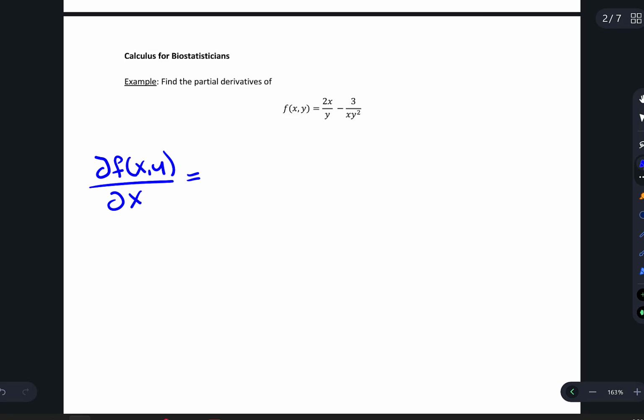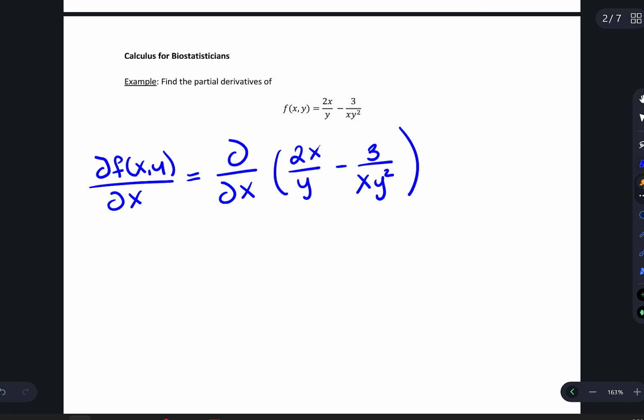Now, when we take this derivative, we're going to treat all variables other than x as a constant. So here, I'm just writing out what my function is. And let's just highlight where x occurs in this function. So we have an x here, and we have an x here. So when we take the derivative, we're going to treat everything else in this function as a constant.